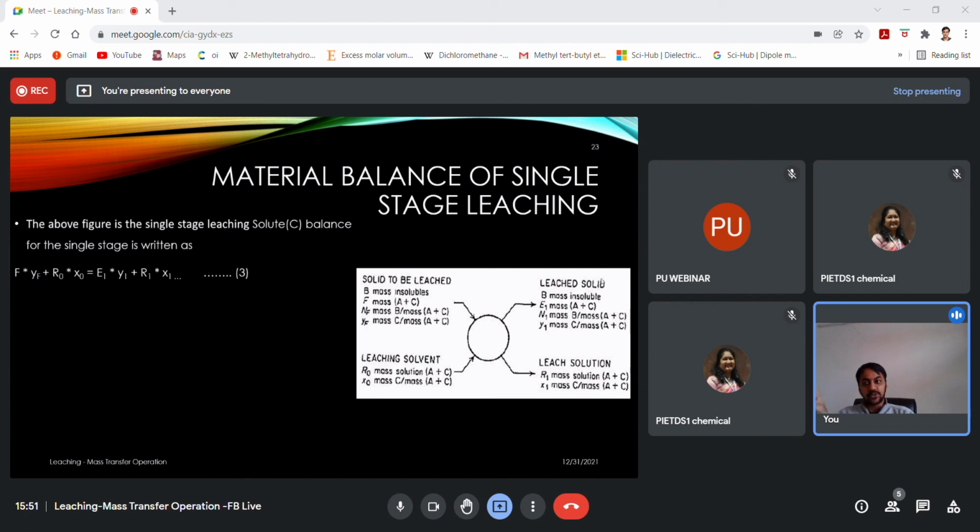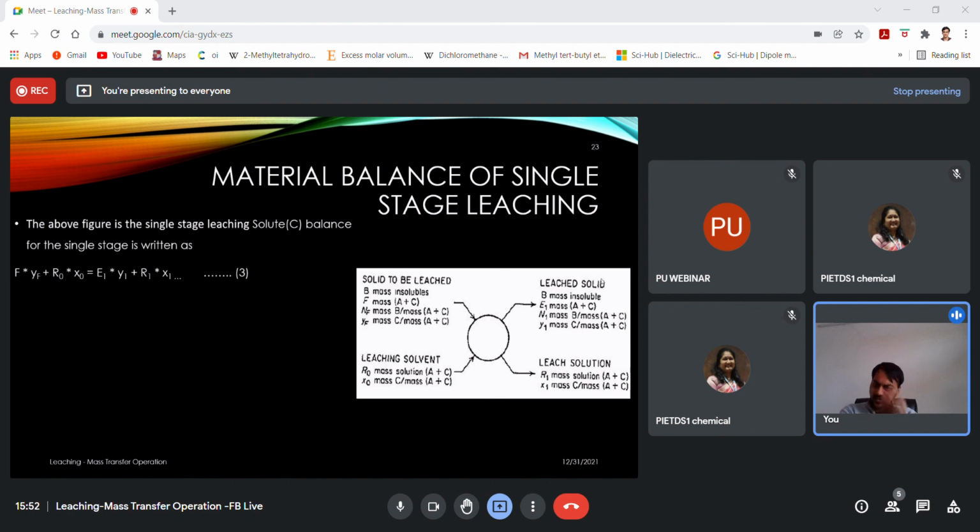So R0 into X0, where X0 is the mass fraction of solute in the solvent. It might happen that X0 is equal to 0, but in the equation we have to consider it. If sometimes we use recirculated solvent, then we have some 1% or less than 1% solute. In output, E1, that is the leach solid, into Y1 plus R1 into X1.